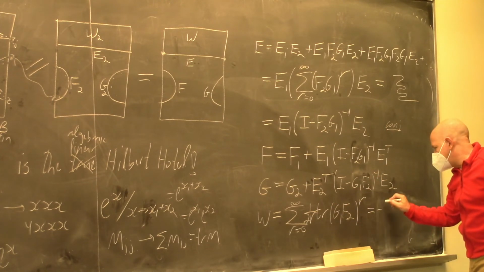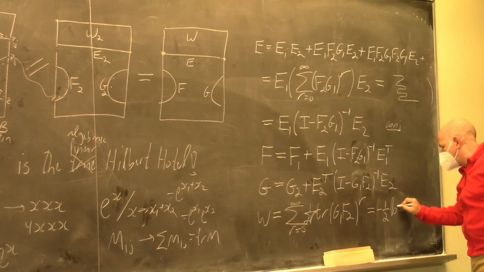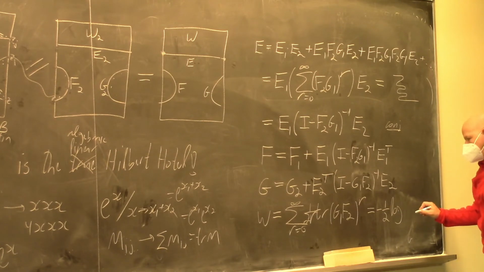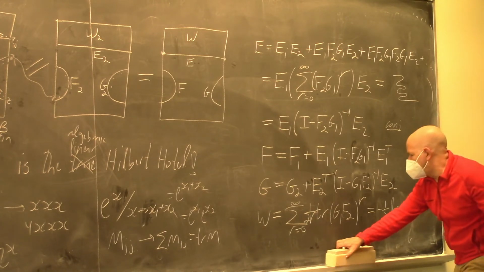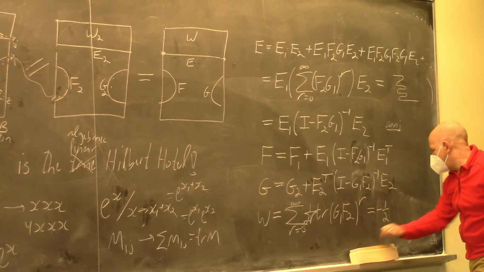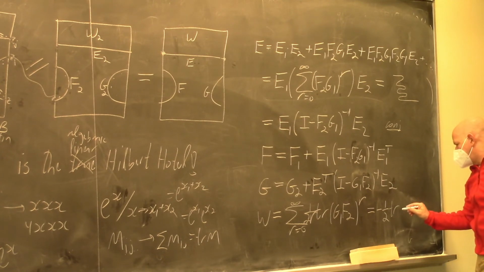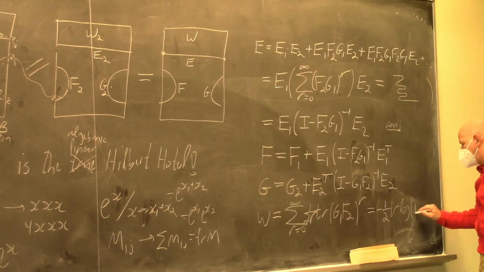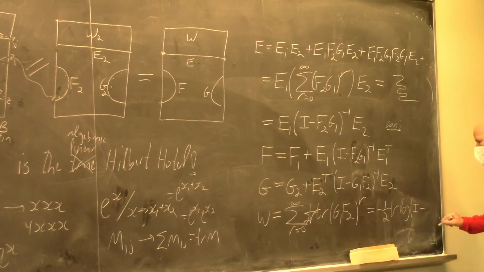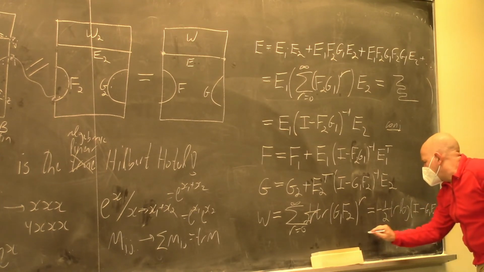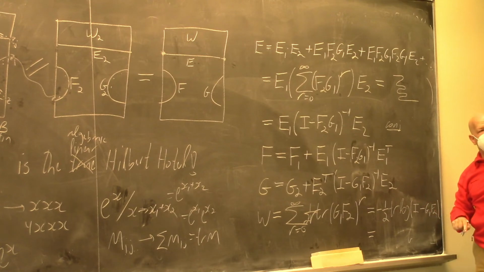So this is minus 1/2 the trace of the logarithm of 1 minus G1 F2.